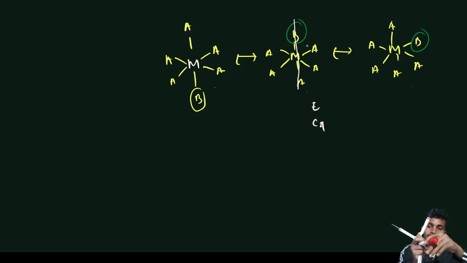If I pass the C2, then this and this, then this and this and this get interchanged. But I have to apply C2 in these directions only, because if I apply C2 here, I have to apply C2 here only, and C4 also in this direction only, because if I apply C4 from this direction, then only you get it.